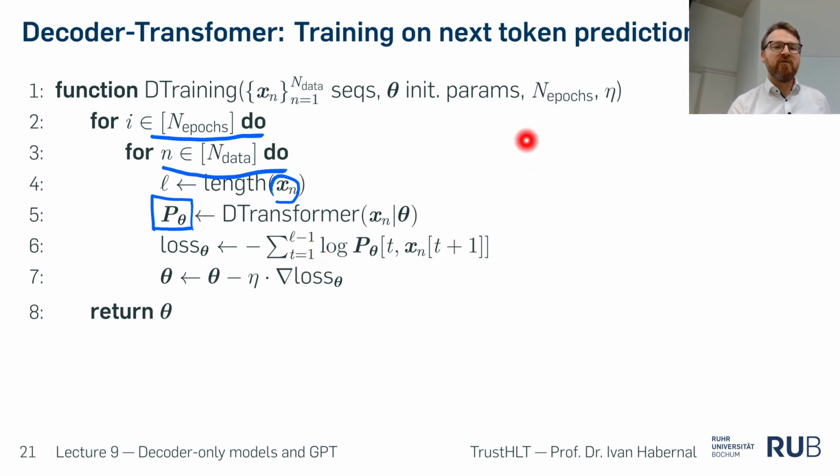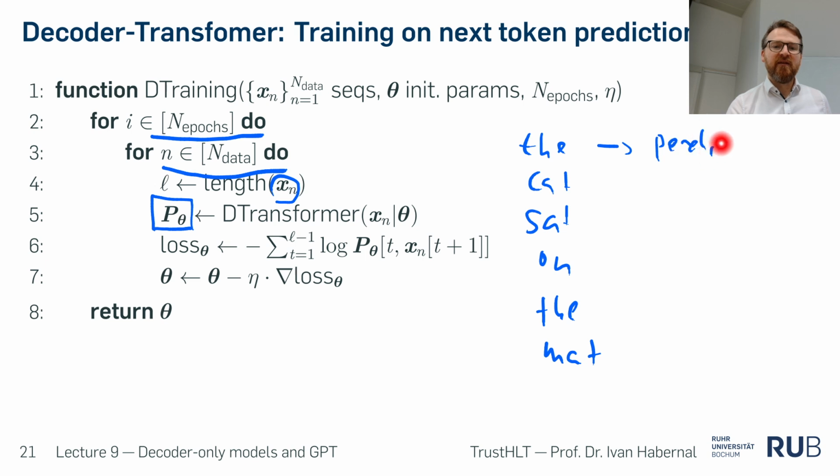So for each token, like "the cat sat on the mat," here we're trying to predict cat, here we're trying to predict sat, and so on.